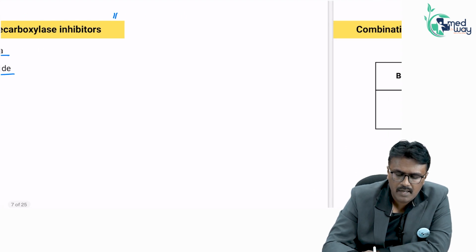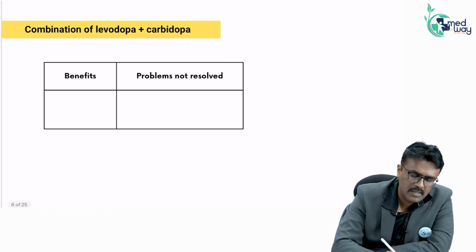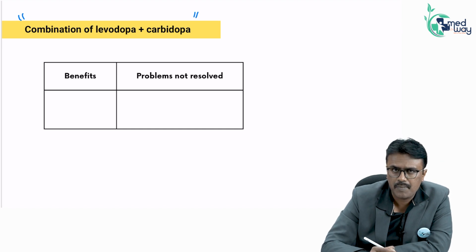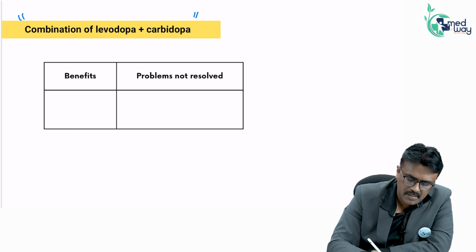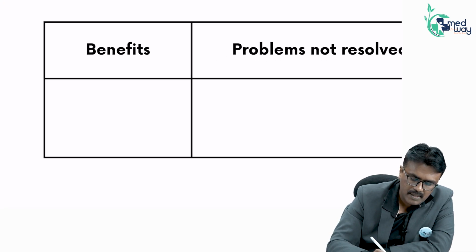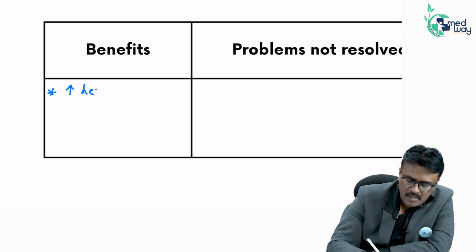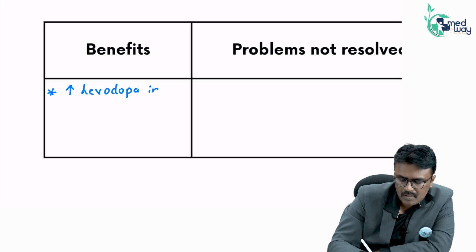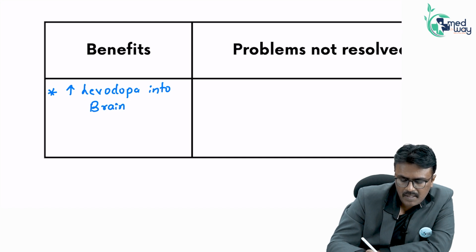What is the advantage of combining carbidopa and levodopa? If I want to tell you the benefits, let me expand and write here. The benefits are: there is increased levodopa delivery to the brain, so more levodopa enters the brain.